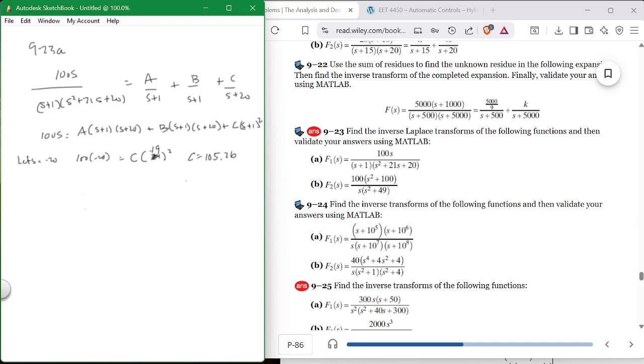I didn't square the 19? Okay, I got to square the, yeah, sorry about that. So it's 100 times minus 20 divided by minus 19 quantity squared.